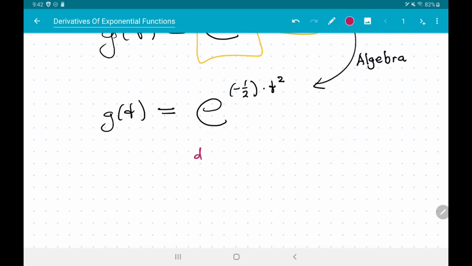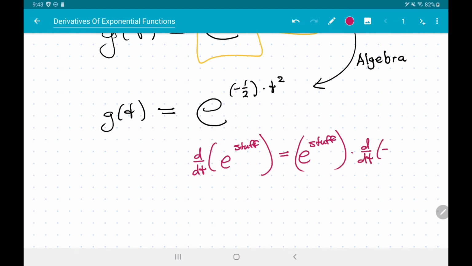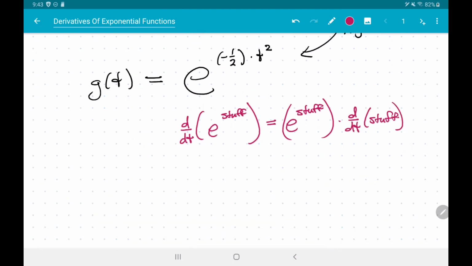So again, let me write out d over dt, since t is the independent variable in this function. The derivative of e to the stuff is e to the same stuff times the derivative of the stuff. This time, this is all the stuff.